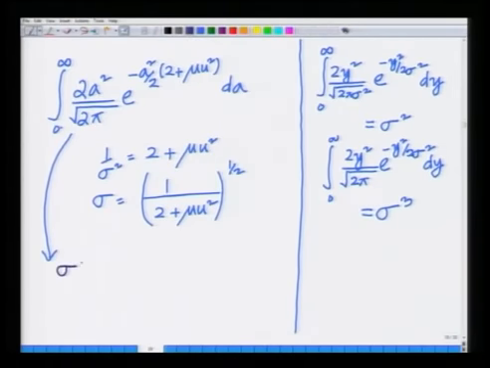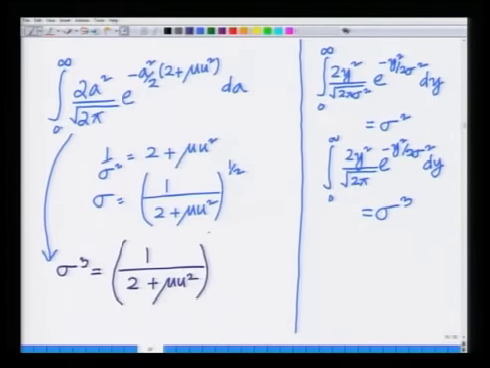This is equal to sigma cube, which is equal to 1 over (2 plus mu u square) to the power of 3 over 2. All right.